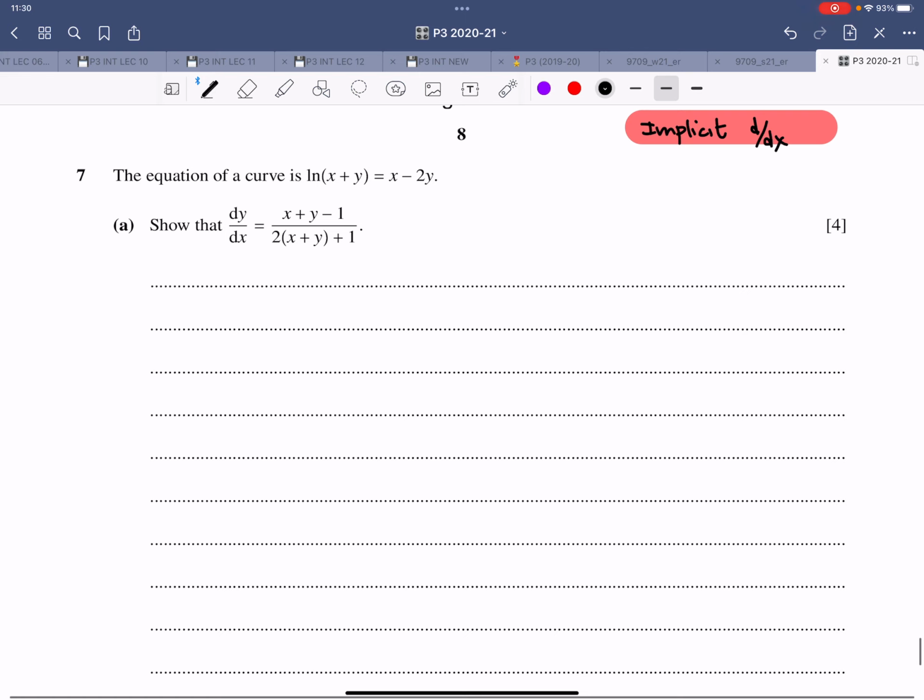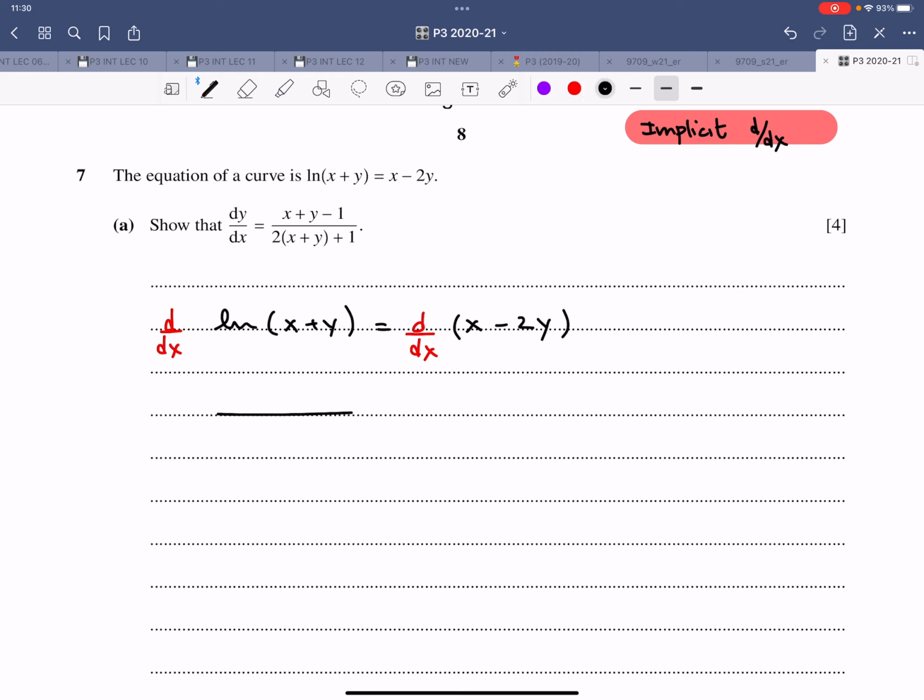Now over here, ln bracket x plus y is x minus 2y. Put it in a bracket also. Differentiate both sides with respect to x. So x plus y goes in the denominator, 1 plus 1 y prime goes at the top.